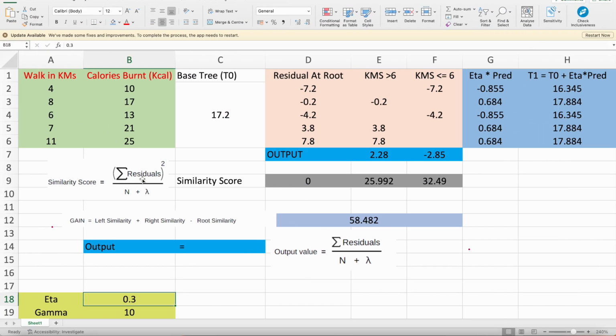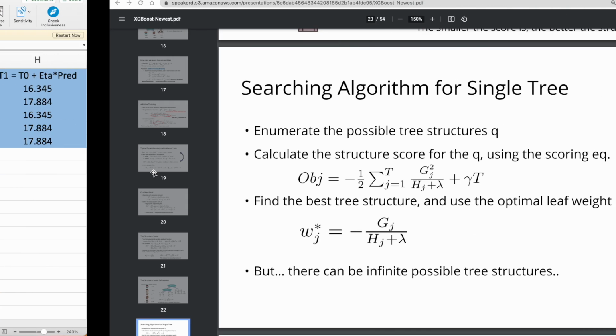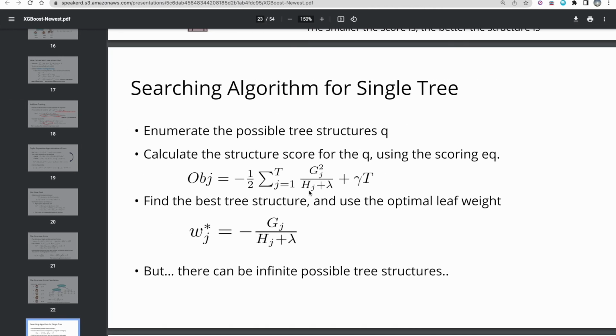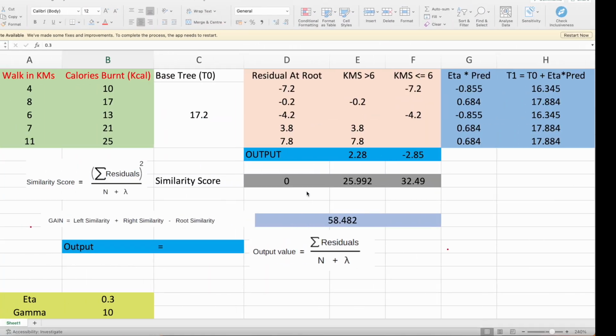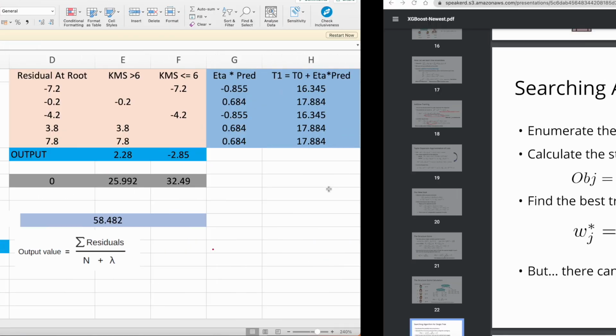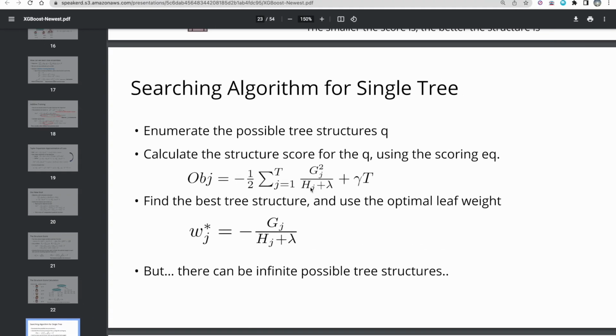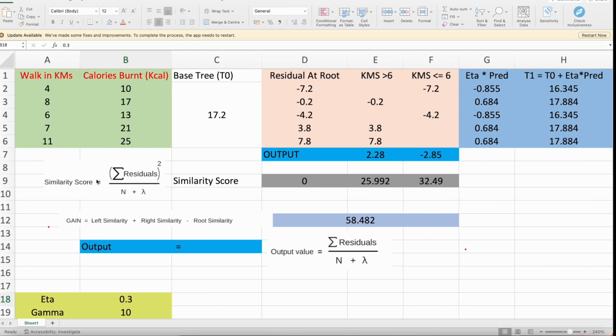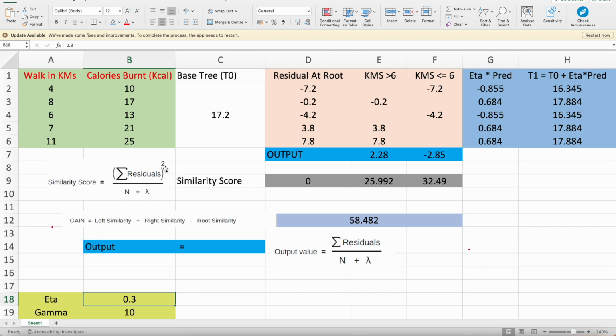That's why my similarity score is coming as gradient square by n. In case of mean square loss, my Hessian is nothing but n, or the number of elements in that. So this particular formula actually translates to how similarity score is coming.